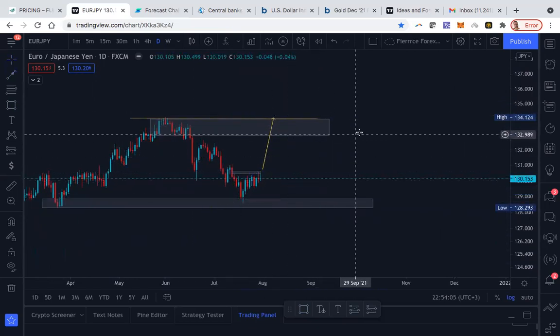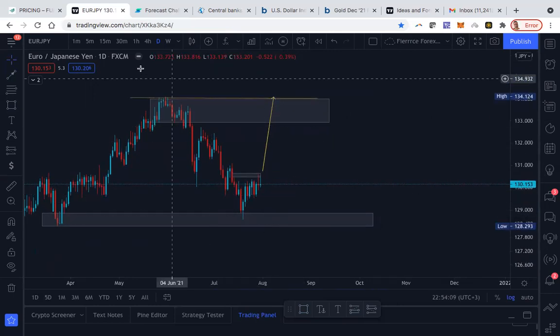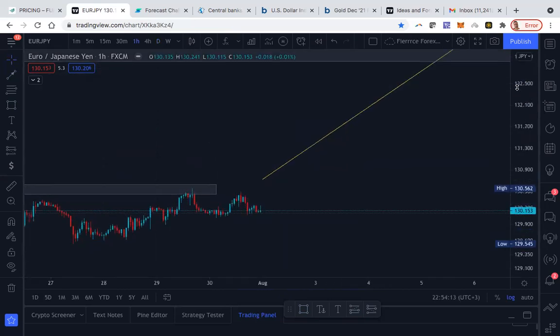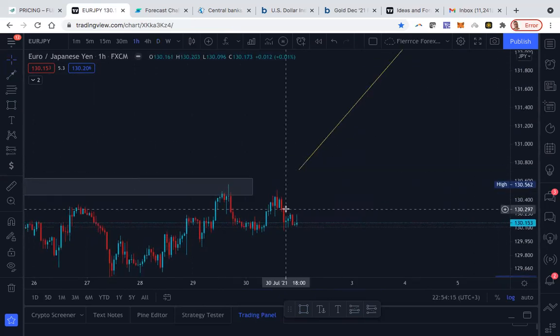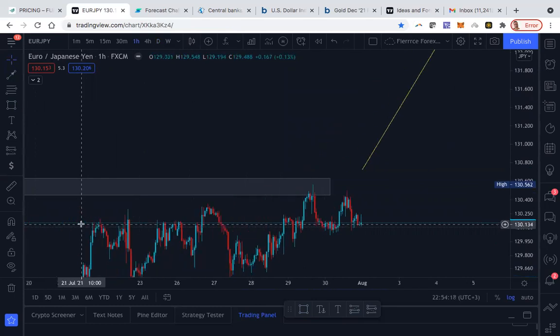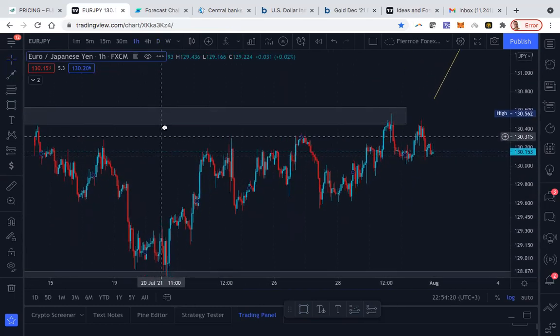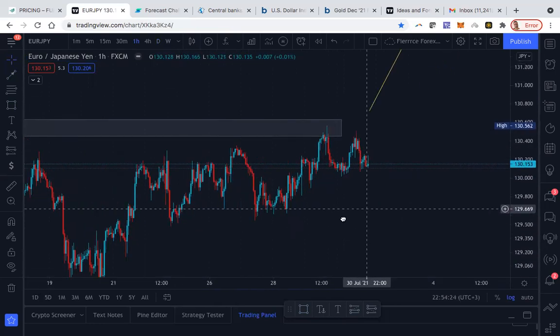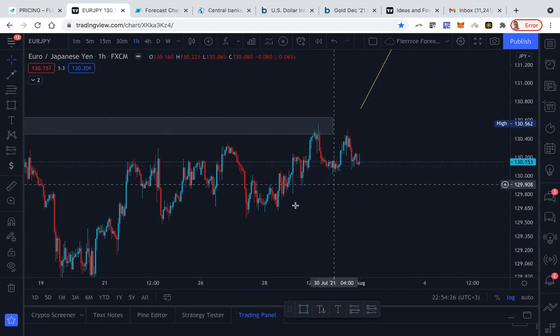I mean, there was FOMC last week, so we saw shifts in the market. Like you can see, guys, we're in this zone here, but we've been actually pushing higher.